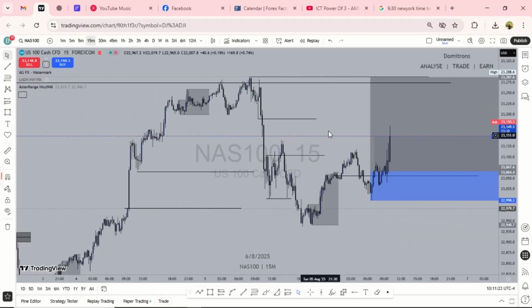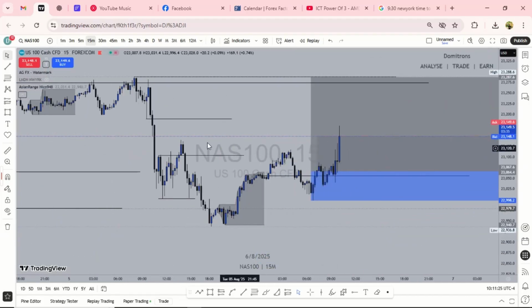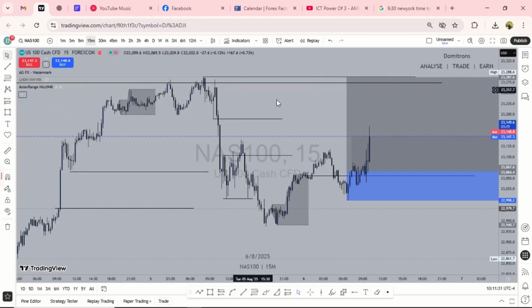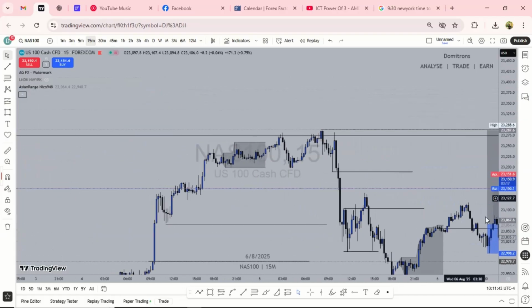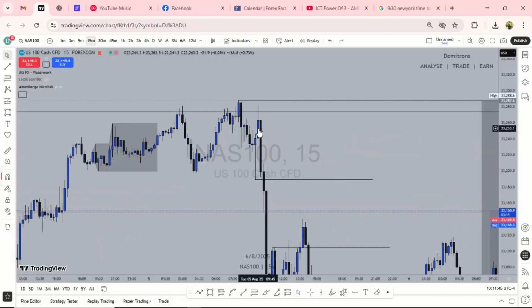Right, so scalpers could target this high or this high. Day traders just target the previous day's high, right? And then you're done for the day. Previous day's high. You can also see right here on Tuesday that the big move happened at 9:30.